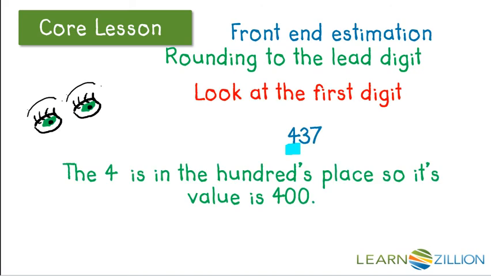When we do front-end estimation and round to the lead digit, you're going to underline the first digit in the number, in which case you would follow all of the rules that we've gone through in previous videos, circling the number to the right and following the rhymes that you have learned either this year or in previous years from previous teachers. 4 or less, let it rest; 5 or more, raise the score. Whichever way you recall it.